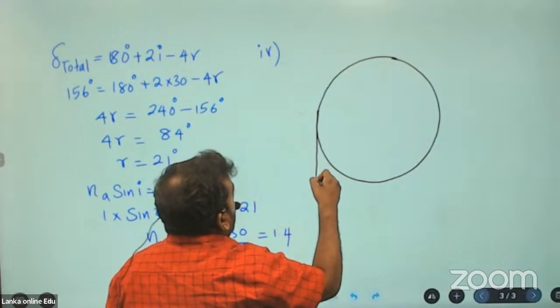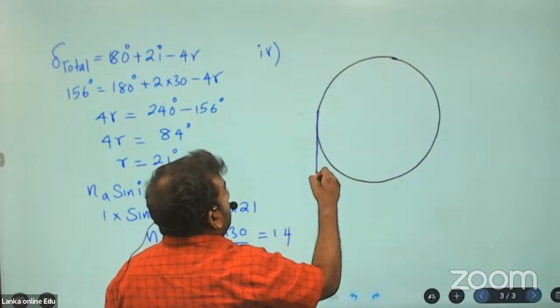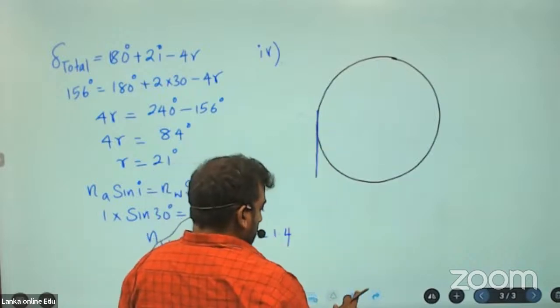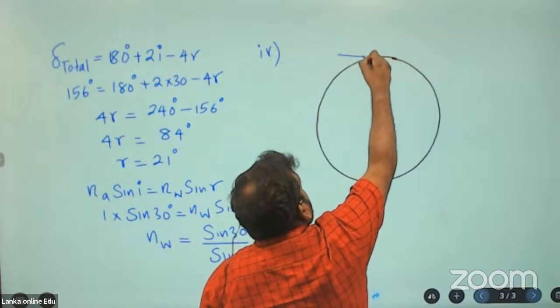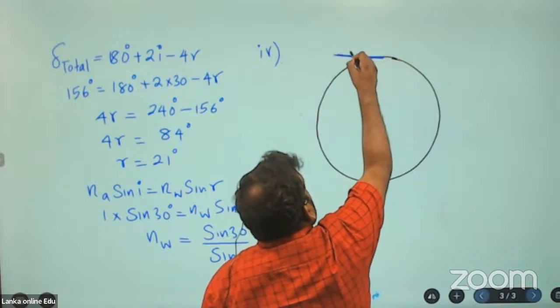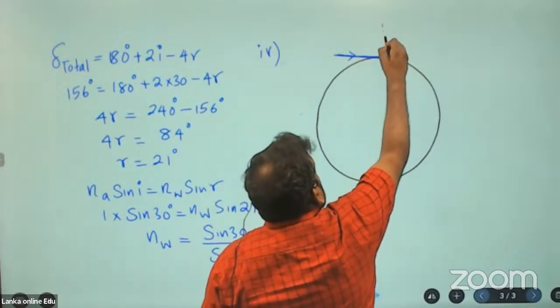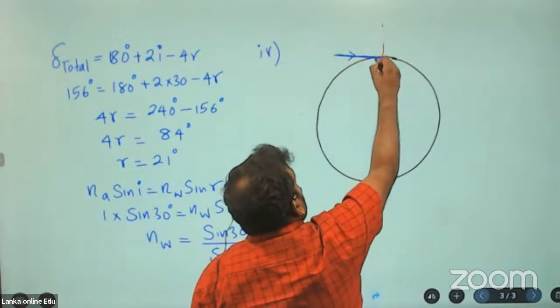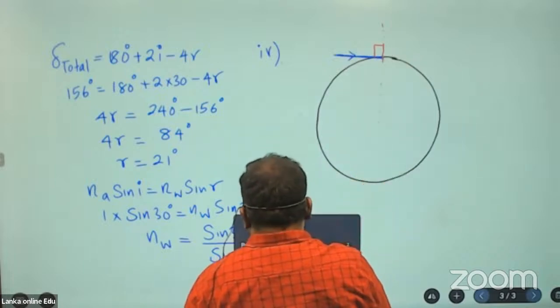Here, maximum angle of incidence, I will show it below. Maximum angle of incidence is 90. So light ray will go along the boundary, or critical angle.